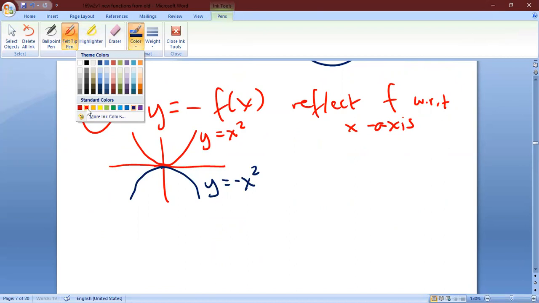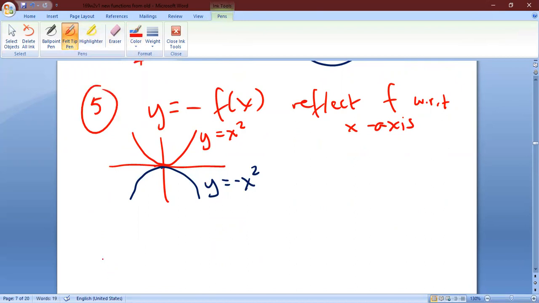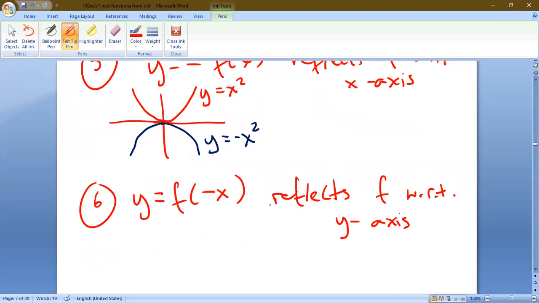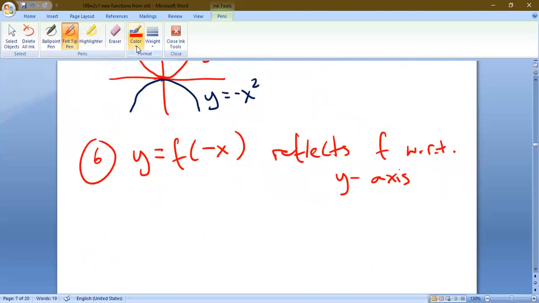And there is one more, and that's y equals f of minus x. This one reflects f with respect to the y-axis. But I want to show it with a different graph. Let's use the square root of x.